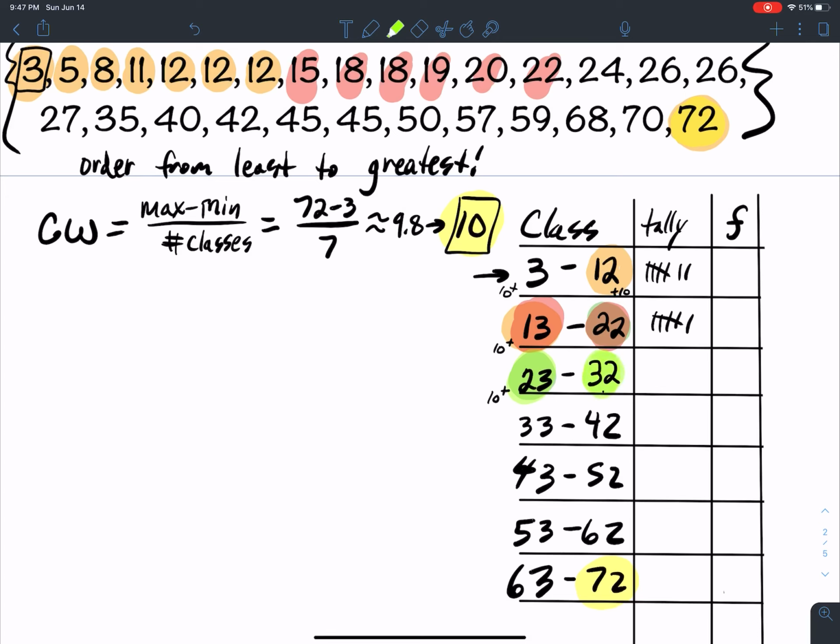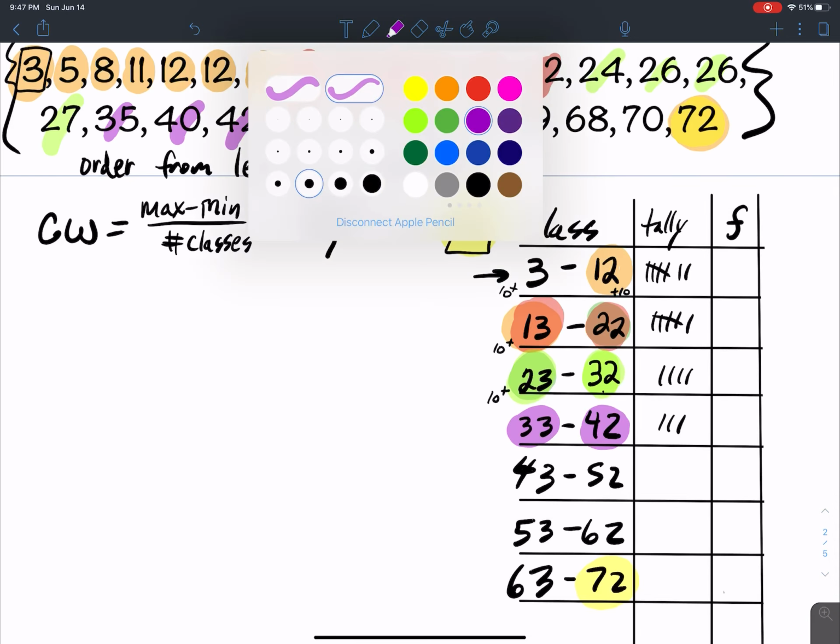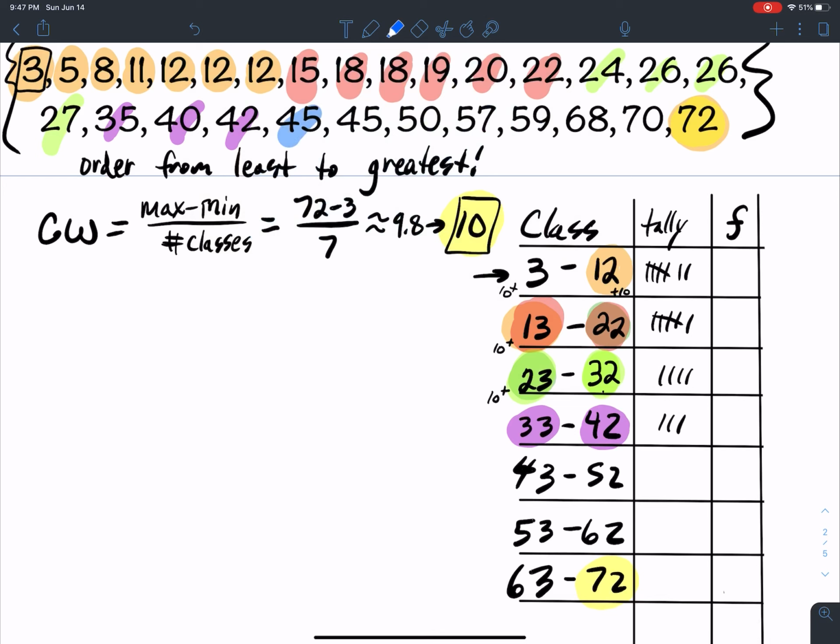So like 23 to 32. So that's 1, 2, 3, 4. Then we have from 33 to 42. So that's 1, 2, 3. Now we've got 43 to 52. 1, 2, 3 again.